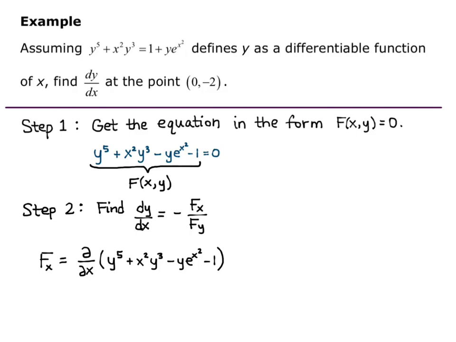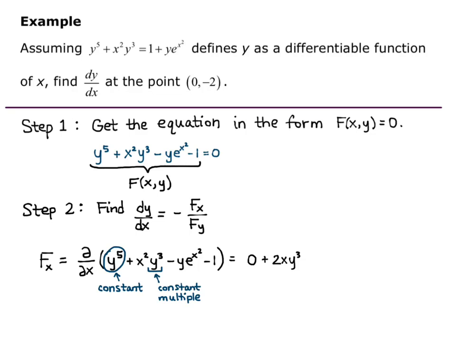Now, y to the fifth is a constant, since we're taking the derivative with respect to x, so its derivative is 0. Y cubed is a constant multiple, so the derivative of x squared y cubed is 2xy cubed.